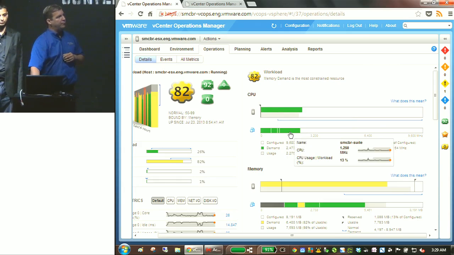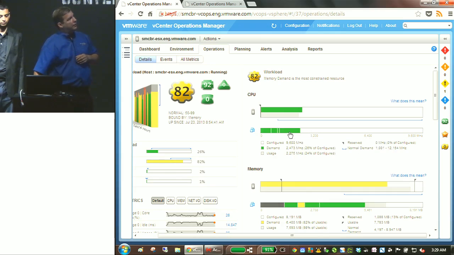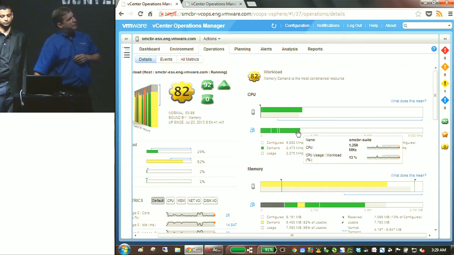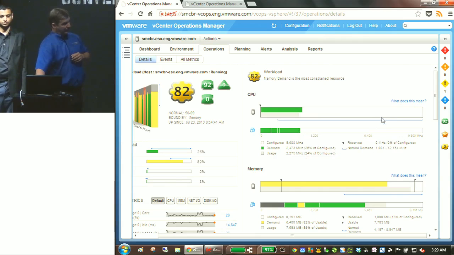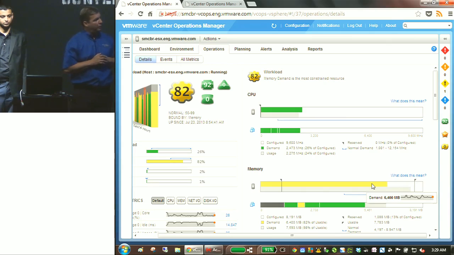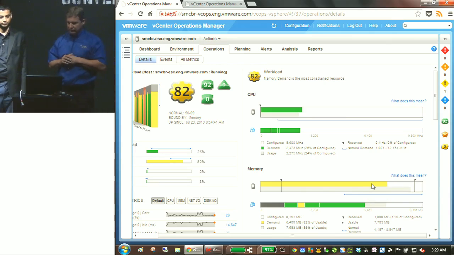In this case, I have a suite VM that is generating a lot of CPU. The others are really low. None of them are probably bigger than one CPU, but you can tell that I overall don't have a lot of CPU usage. My issue is more about memory on this box.